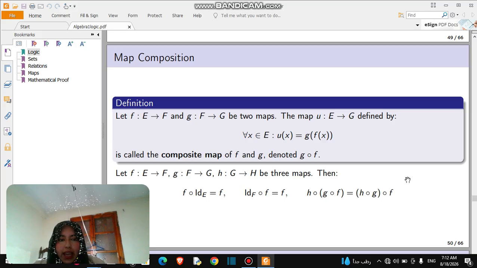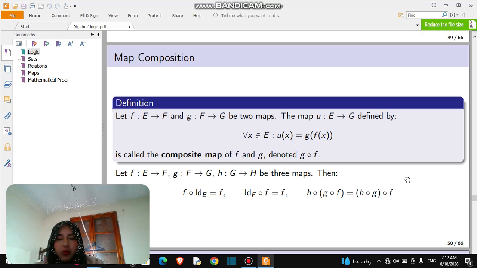Map composition. In maps, if we compose a map with the identity map, we get the same map. If we compose three maps, we can change the parentheses.